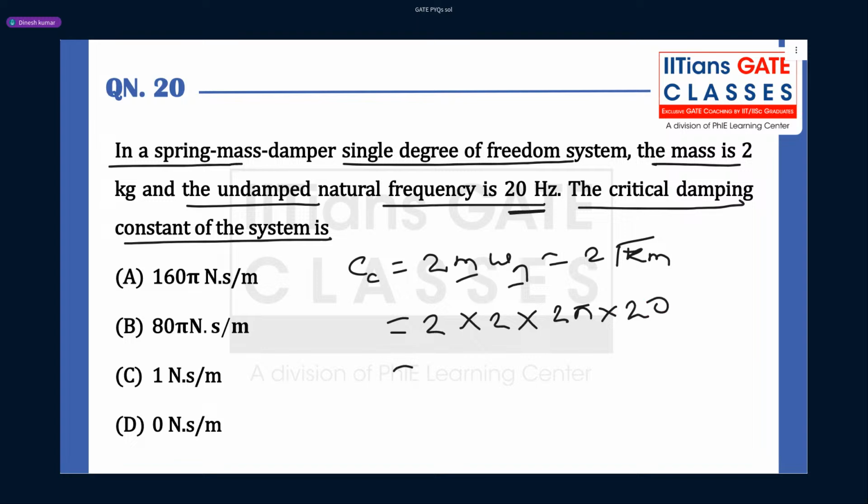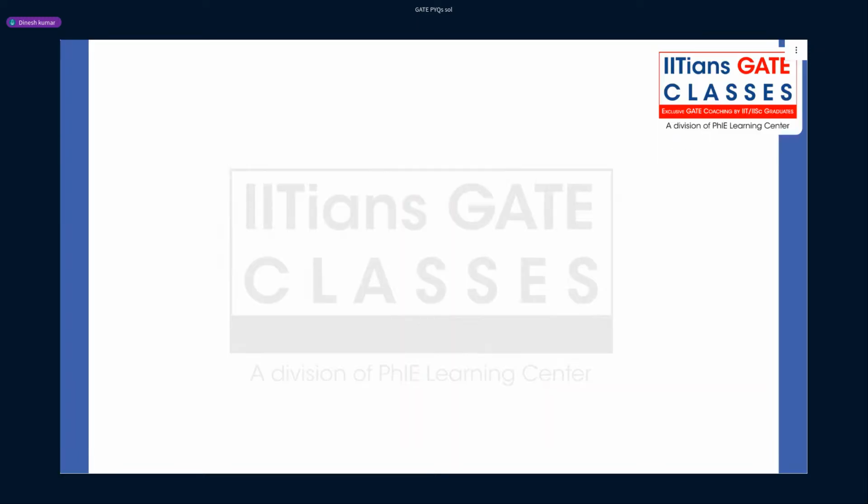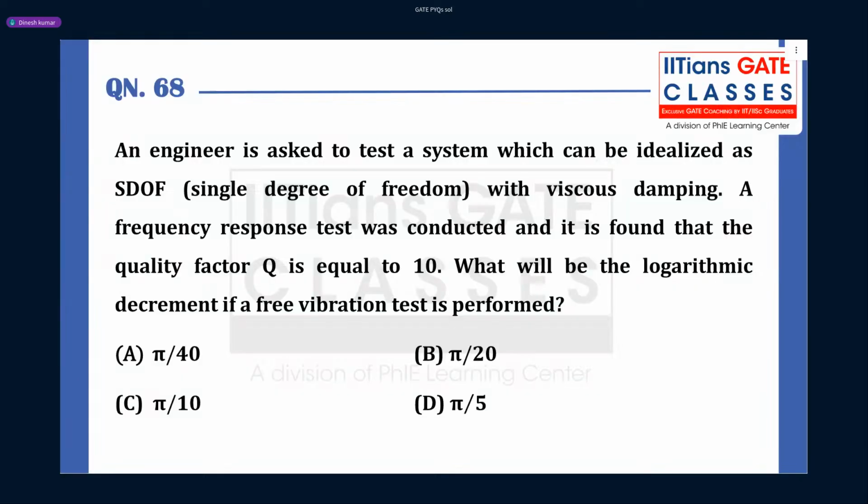So now tell me the answer. 2 times 2 is 4, 4 times 20 is 80, 80 times 2 is 160. Only one answer is possible. A is the answer, right? It is 160 pi Newton second per meter. Okay, clear? So it was a very easy question. Now, good guys. Next question.